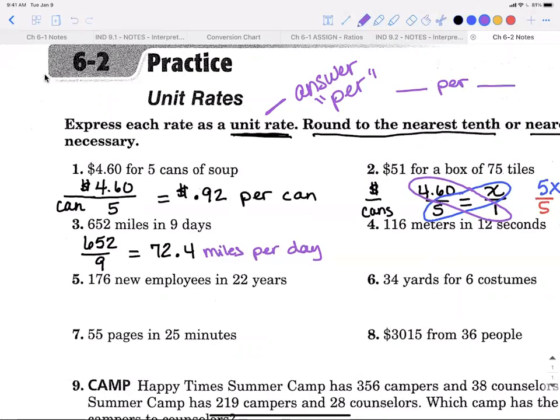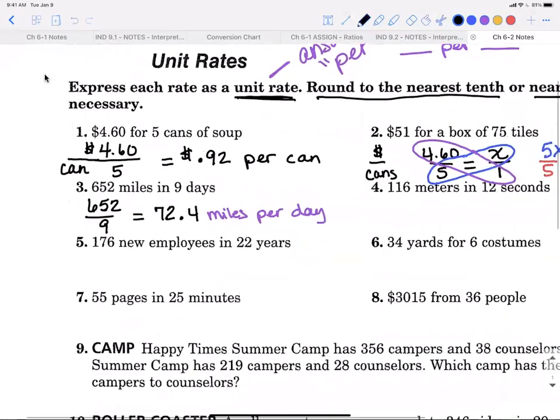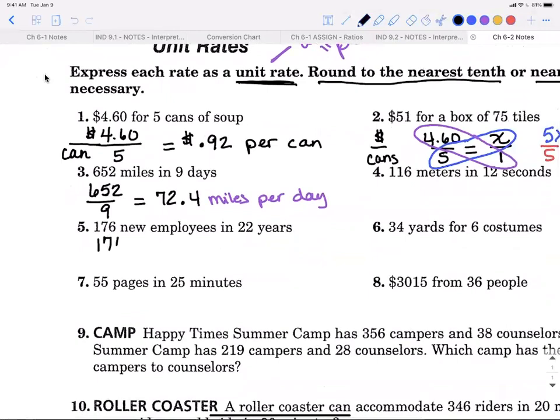All right, so let's look at number 5. 176 new employees in 22 years. So we want to know how many employees in 1 year, because remember, unit rate always gets the denominator to be a 1, because we want to know something happened in 22 years. What would be the equivalent in 1 year? Cam. 8 employees.